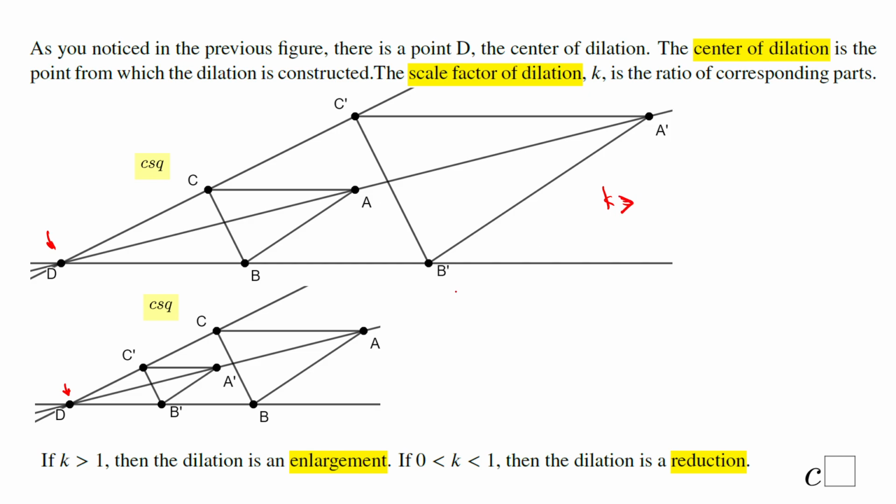And when we have a reduction, it's less than 1, but greater than 0. It's between 0 and 1 in other words.